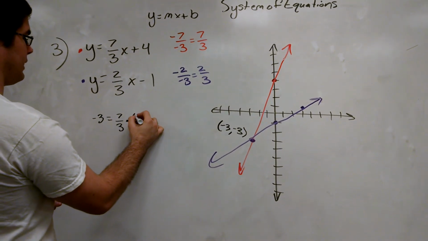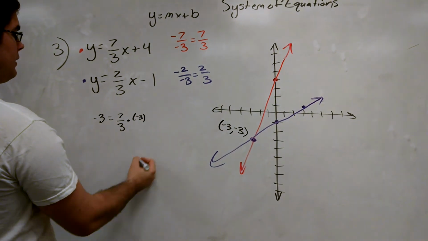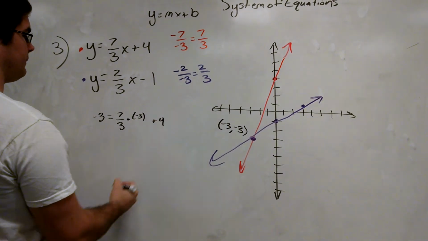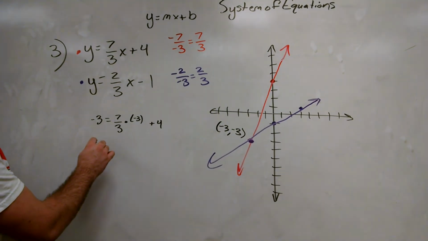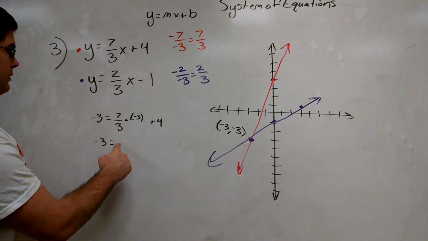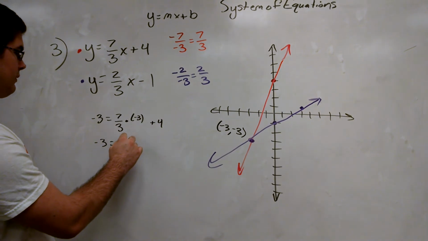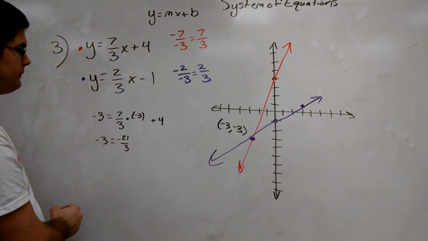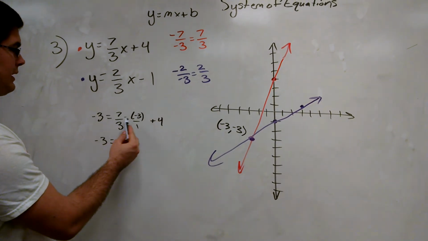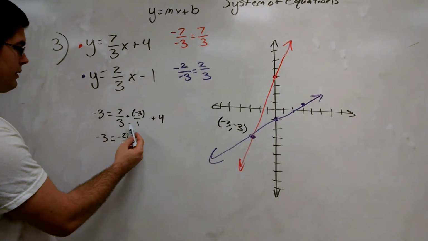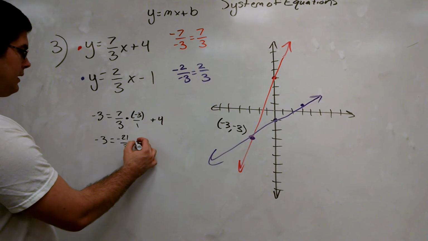So I'm multiplying times negative 3, and then adding 4. So I get negative 3 equals 7 times negative 3 is negative 21 over 3. Because remember, this is like over 1. So we just multiply 7 times negative 3, get negative 21, 3 times 1 is 3. And then add 4.